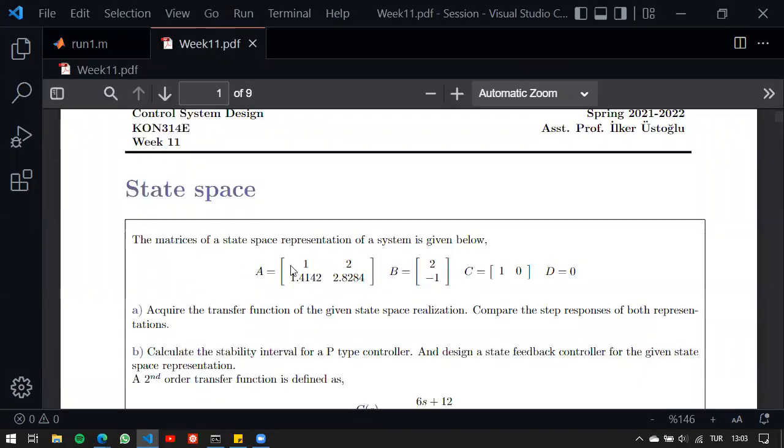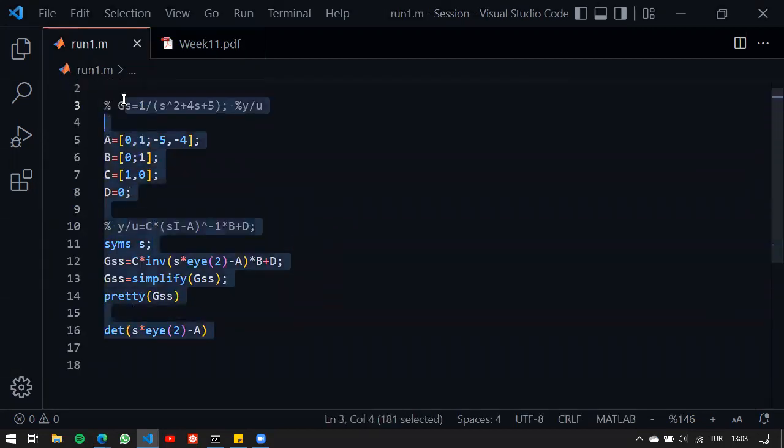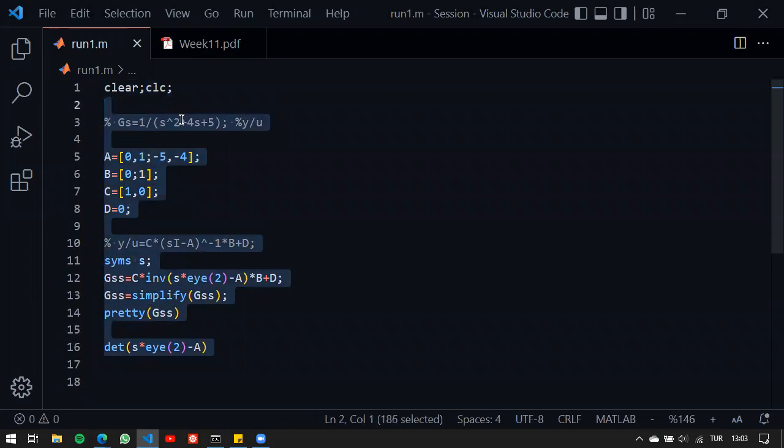We have certain A, B, C, D values. What we can do is use A, B, C, and D in order to obtain the transfer function. And that's exactly what we want to do here. So let's get rid of this stuff here.